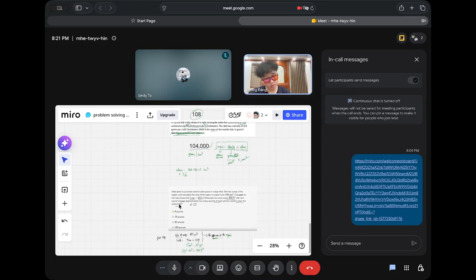So we need to convert it into the actual area of the region in reality, right? Based on this scale, 1 centimeter square equals 400 feet square, right? So 180 centimeters square equals how many feet square?